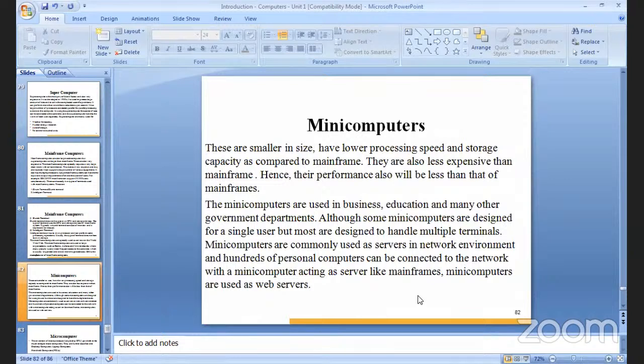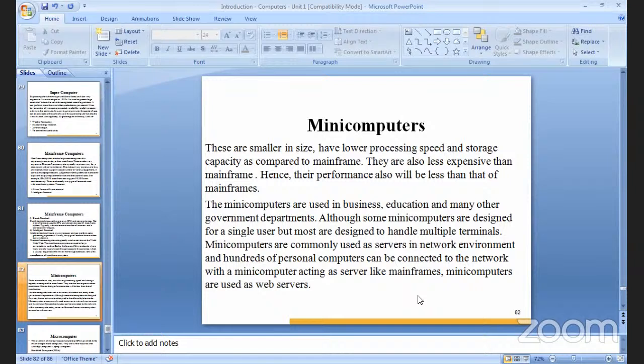Let's come to the minicomputers. These minicomputers are smaller in size, and they have a lower processing speed and storage capacity compared with the other two, mainframe and super.